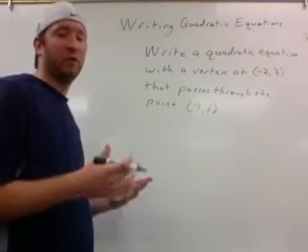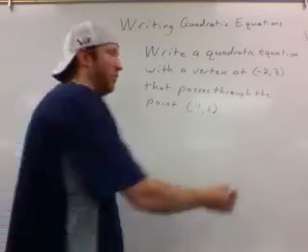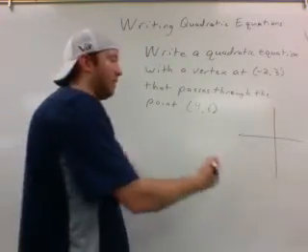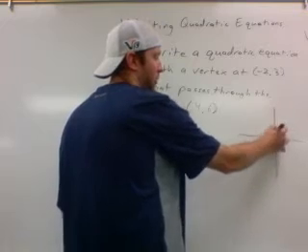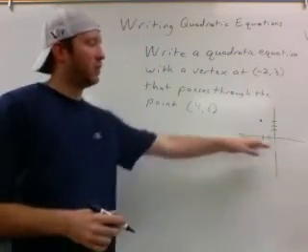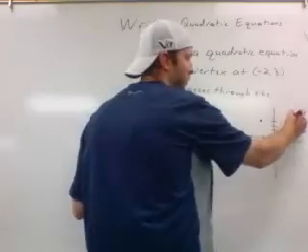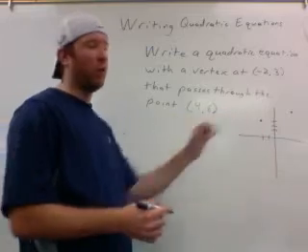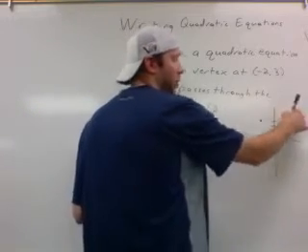So if I thought about what that looks like visually before we actually write this equation, -2, 3 would be left 2, up 3, and then 4, 6 would be right 4 and up 6, so something like this. This is going to be my vertex, so it's going to be my lowest point in this case, because this point's above it.